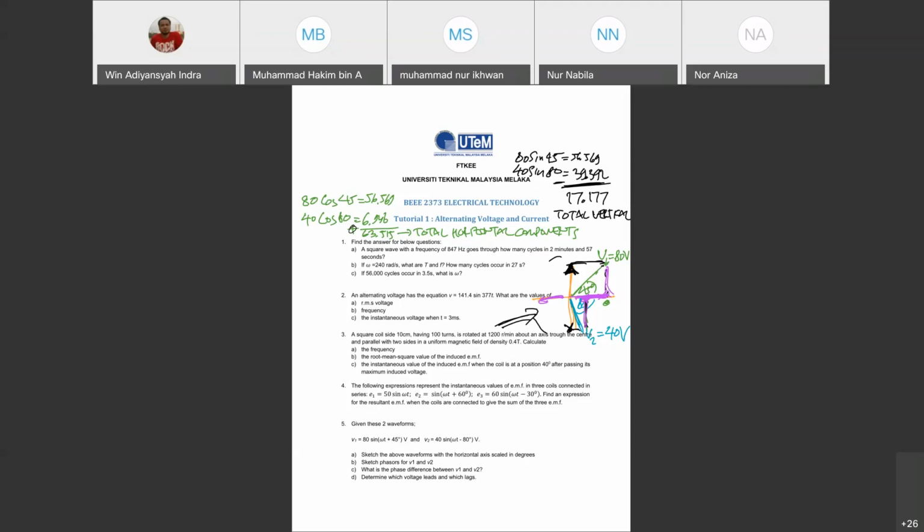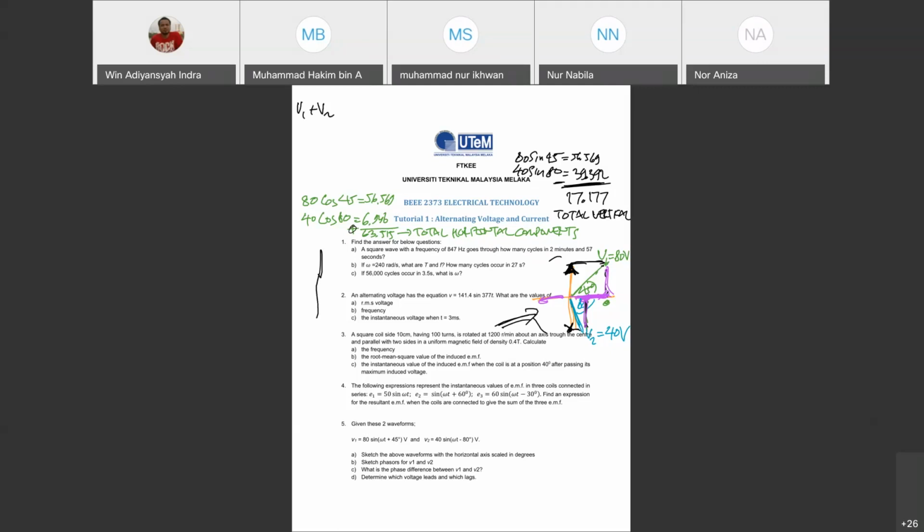Now by using Pythagoras' law, we can find V1 plus V2.